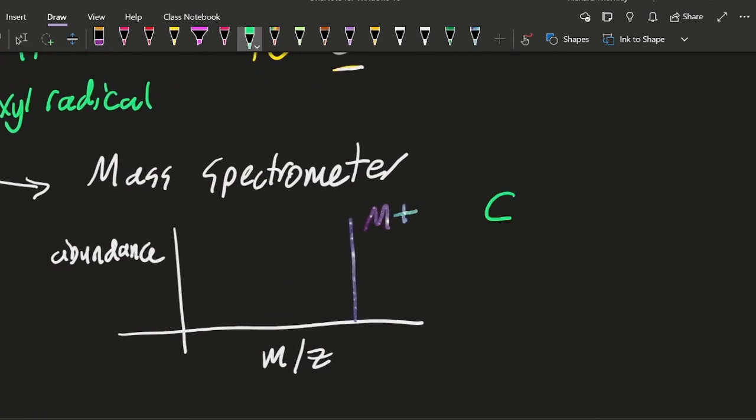So for example, if I was to shoot ethane through my mass spectrometer, in order to make it positive, I have to knock off an electron. So rather paradoxically, the way that they knock off the electron is they actually shoot it with electrons, and the electrons knock off other electrons.